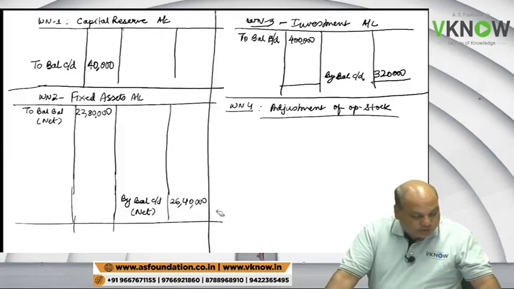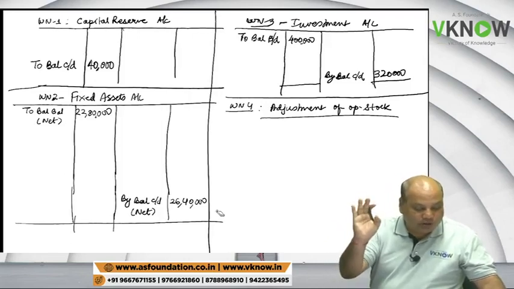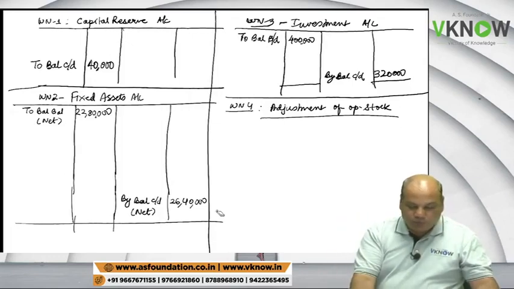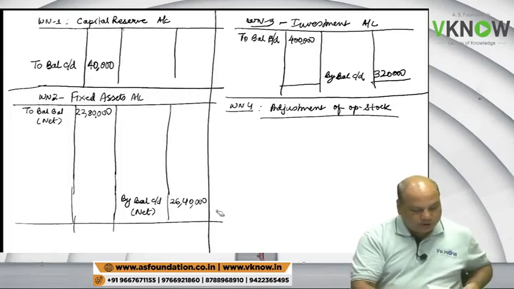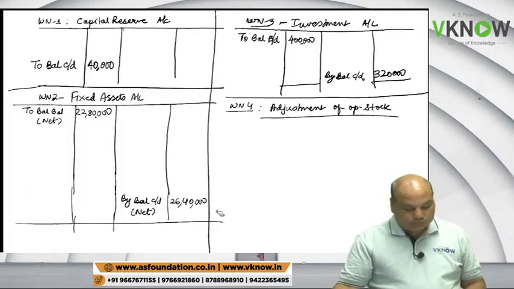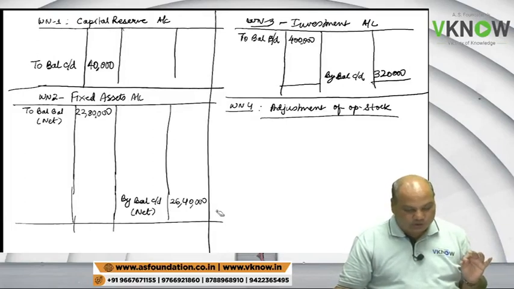Come to adjustment number A. Before that, there are two more items. Other current asset, 11,10,000 and 13,10,000. Wait, this has an adjustment. Please come to adjustment number F. The company decided to value the stock at cost, whereas previously the practice was to value stock at cost less 10%.